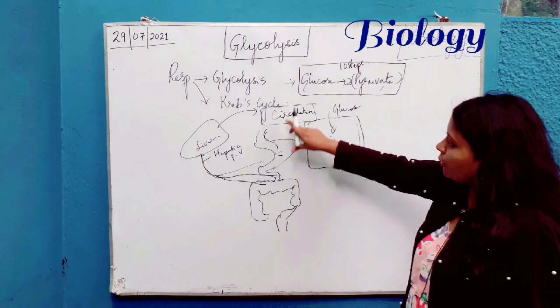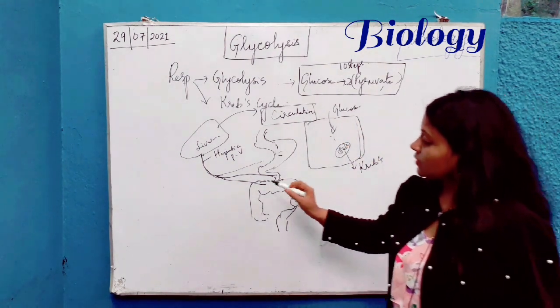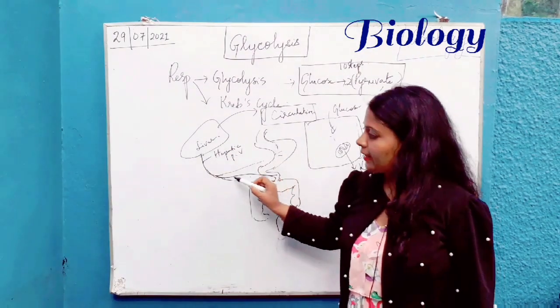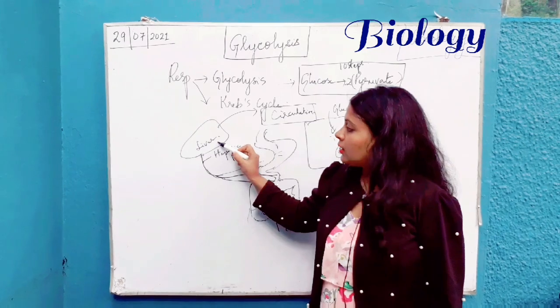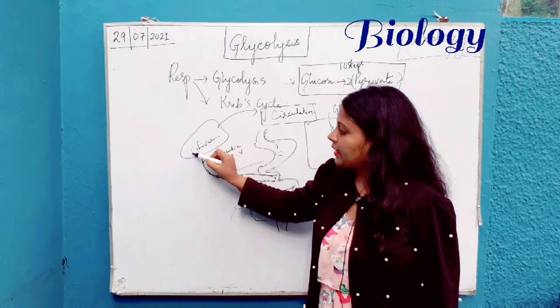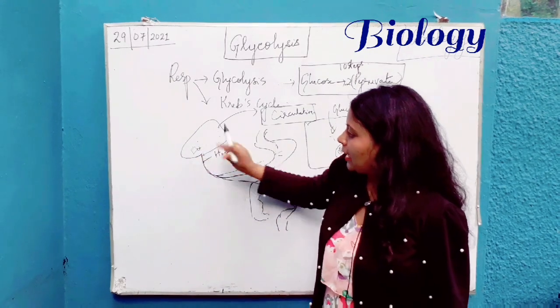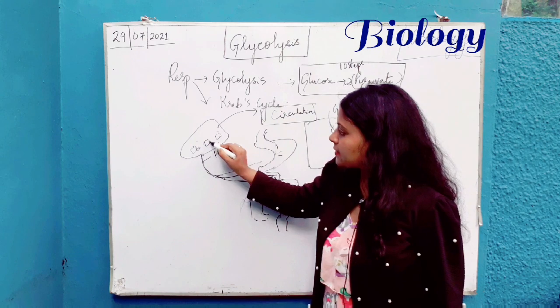Okay. So before entering, the glucose has to first enter along with the blood into the hepatic portal vein and then into the liver. Then the liver cells are what we call hepatocyte cells. Okay. They are called hepatocyte cells.